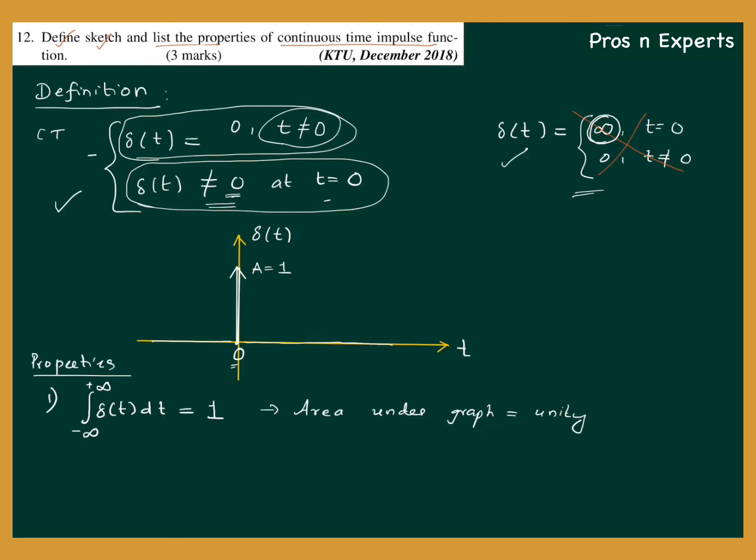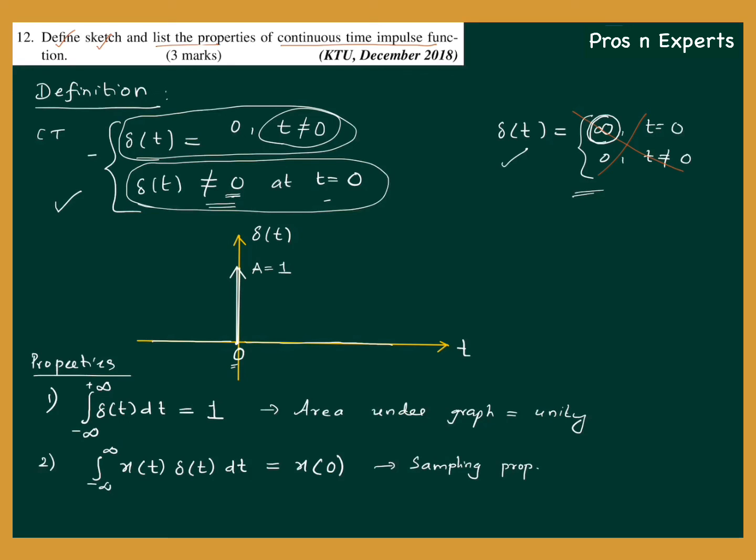The next property: the integral over minus infinity to infinity of any signal x of t multiplied by the impulse signal del of t will give you x of 0. This property is sometimes called the sampling property.